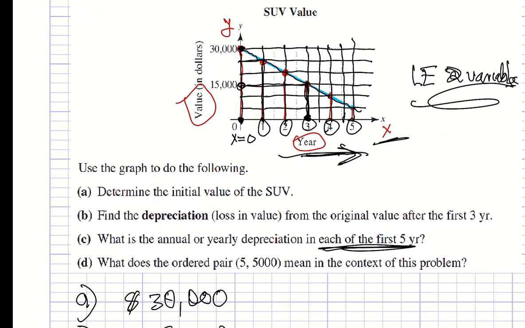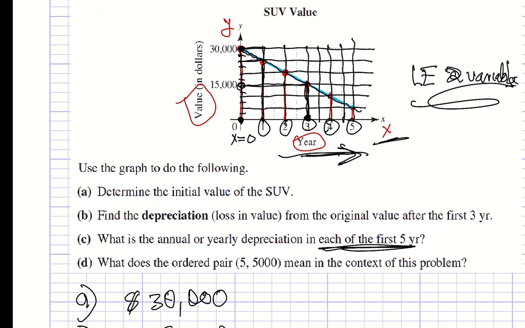From year 0 to year 1, it dropped. So there's a space of 6 on that axis. It dropped almost half of its value. You see that?